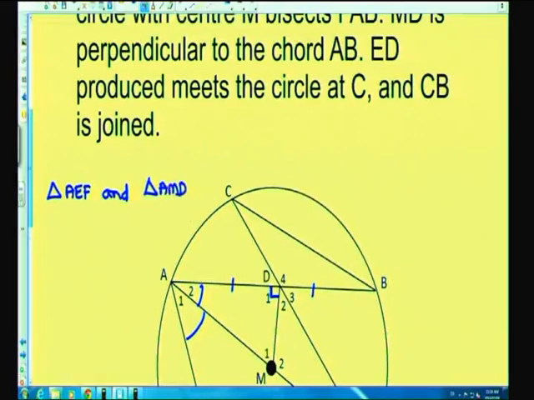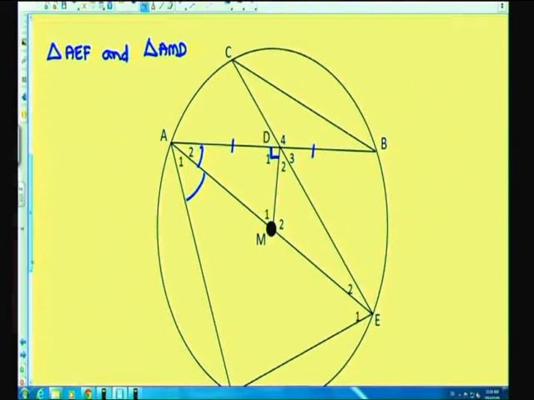Okay, so let's have a look. I'm going to highlight these triangles in two different colors so we can focus on them. So it is AEF, which is this guy over here. And AMD, which is this guy here.